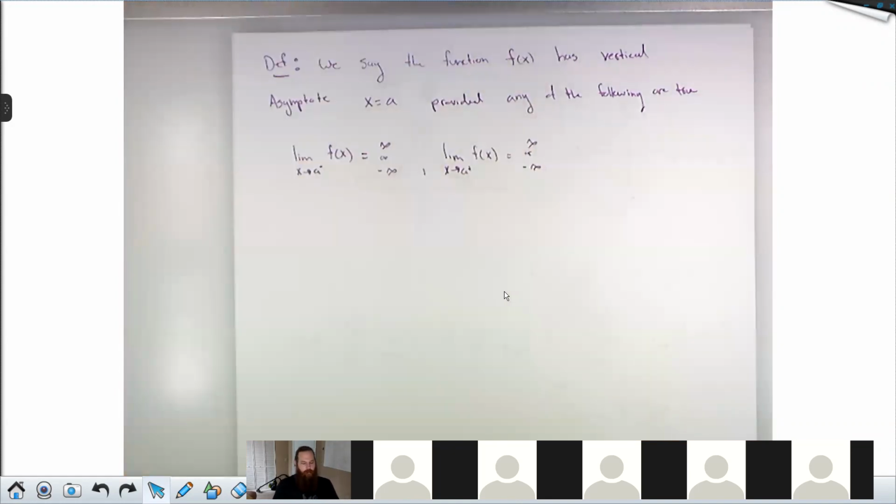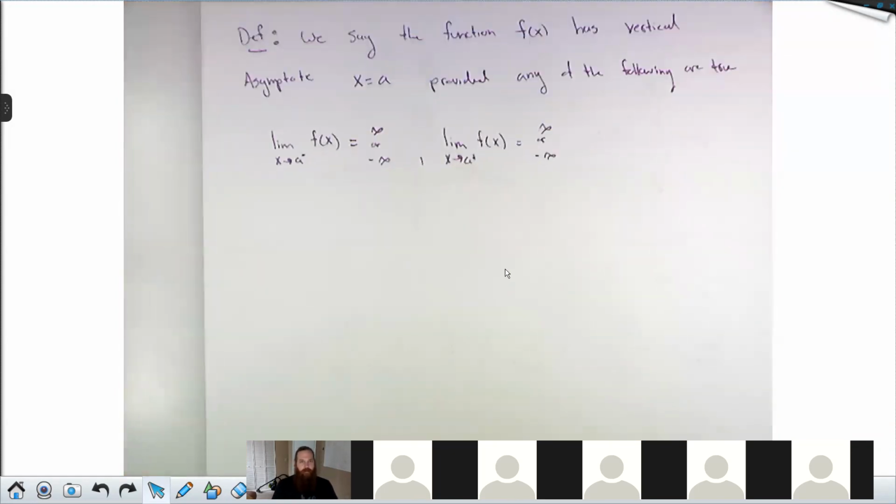And that's the idea. So if any of the one-sided limits for your function at that number are infinity or minus infinity, then we say that f has a vertical asymptote at a. And the vertical asymptote is the line x equals a.